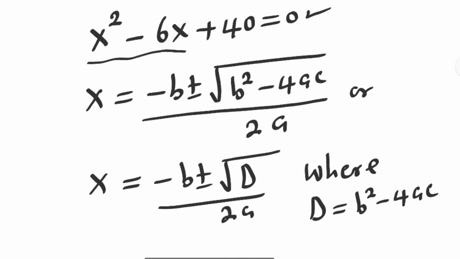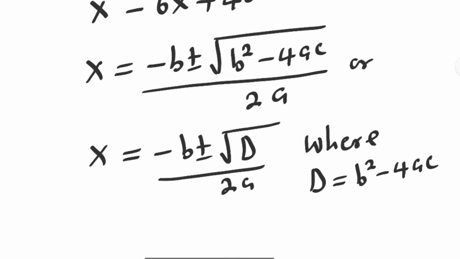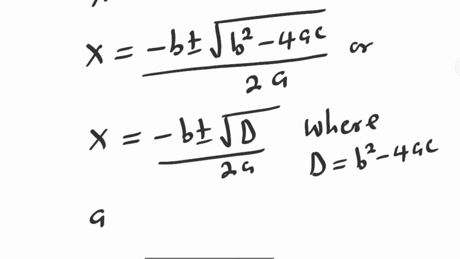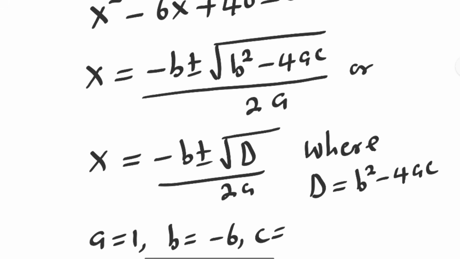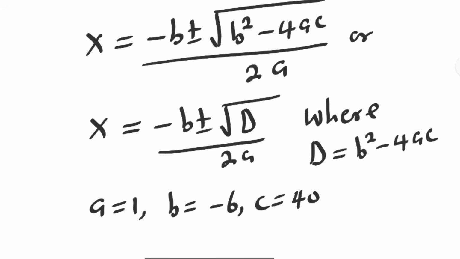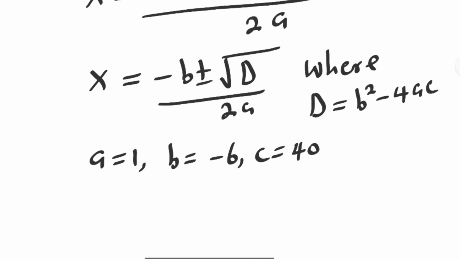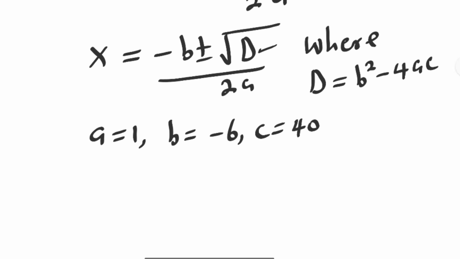Then from this equation, a is equal to 1, b is equal to minus 6, c is equal to 40.